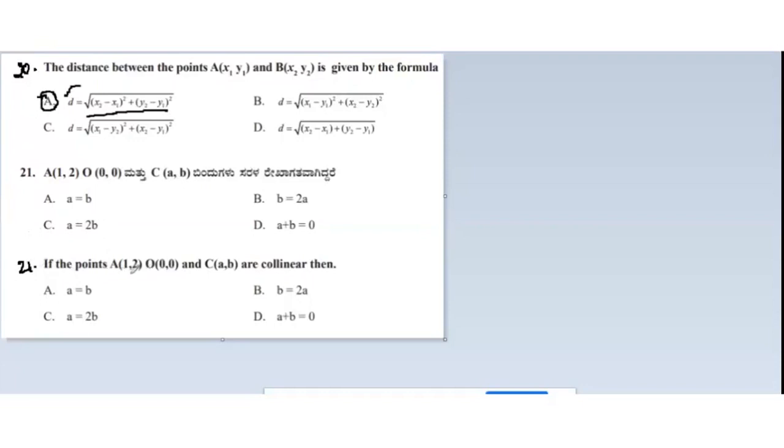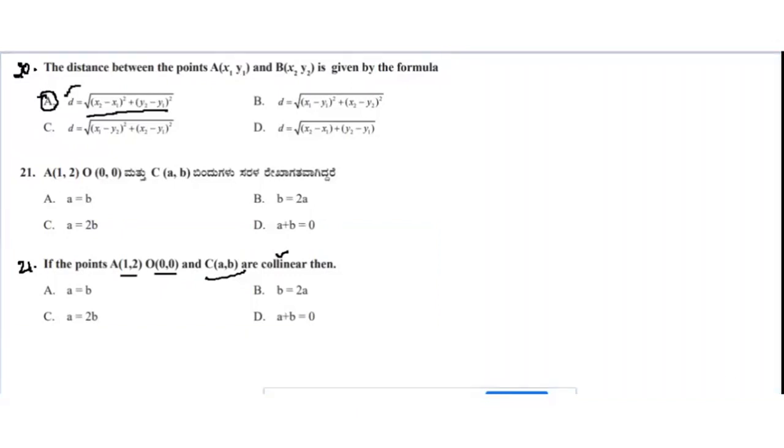21st question. If the points A(1, 2), O(0, 0) and C(a, b) are collinear, then... We have to prove any one of these conditions among the 4 options. We all know that if points are collinear, then the area of the triangle should be equal to 0.